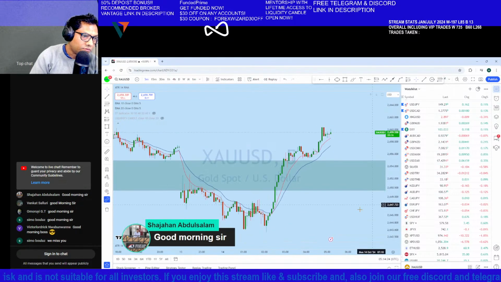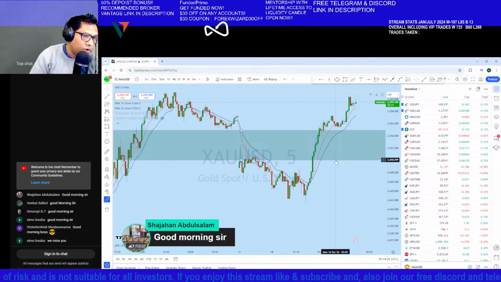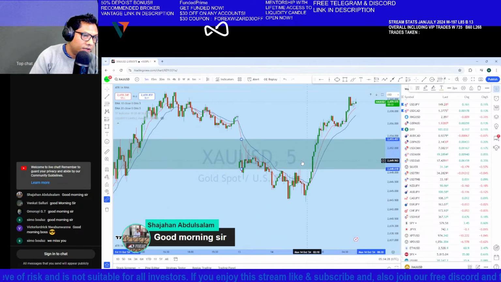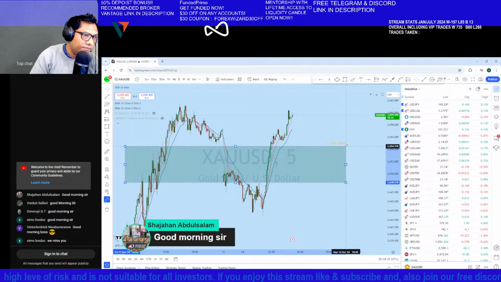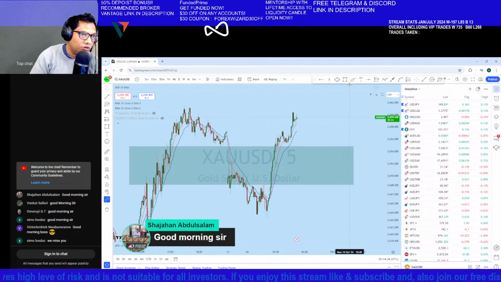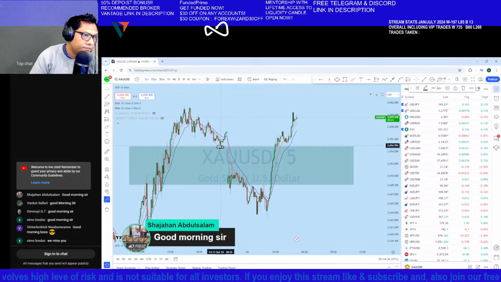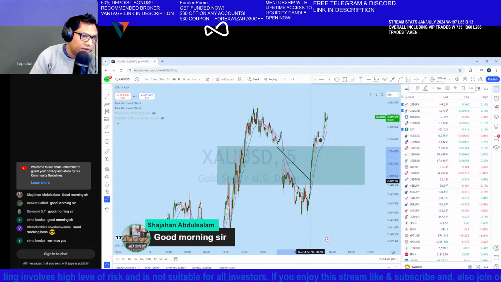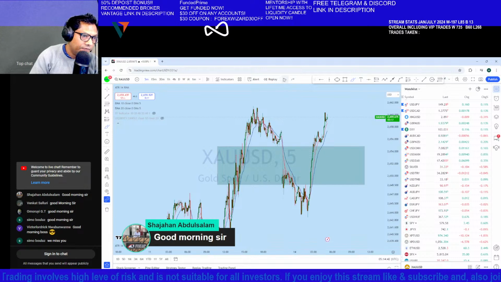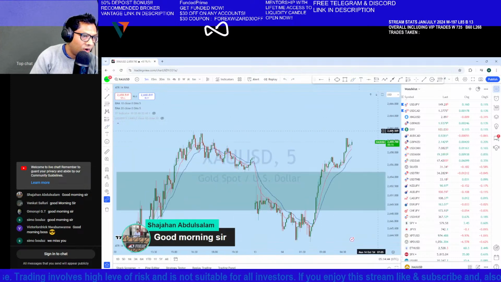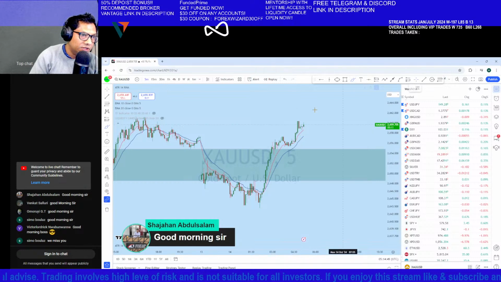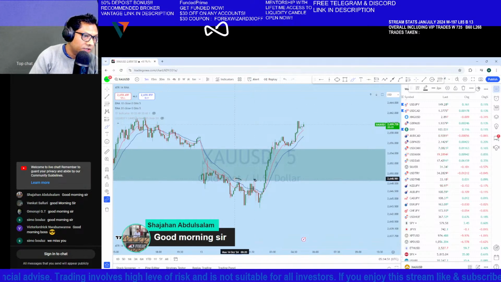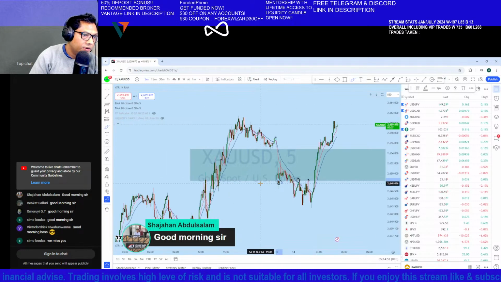If we closely look at it, this is a resistance, and it has a massive fair value gap here. This is a support, and also a support, and there is a big gap, which is basically the FVG, the fair value gap. With that fair value gap, this is a resistance here, support here.